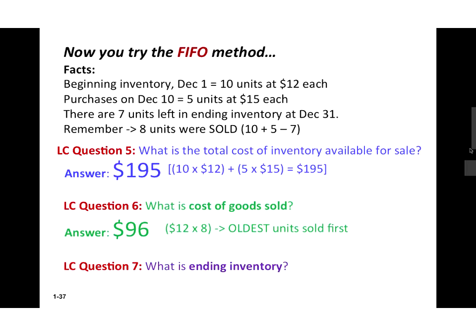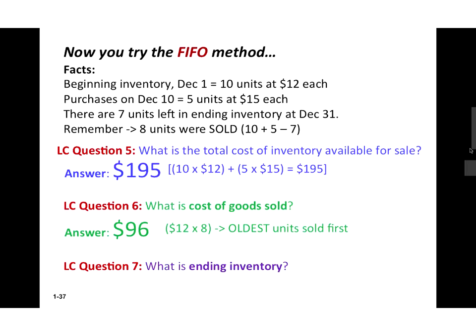Okay, now, ending inventory. Again, before I push the question out, we'll talk through it. This one is really easy to get when you have the other 2 answers on the screen here, okay? If our total cost of goods available is $195, so that's the cost of everything we had sitting there waiting to be sold, we know that $96 of it was sold.